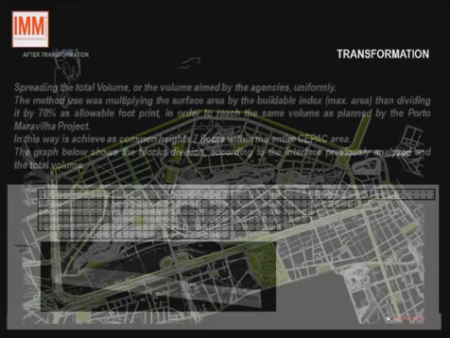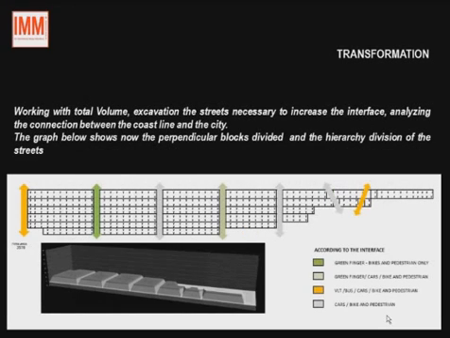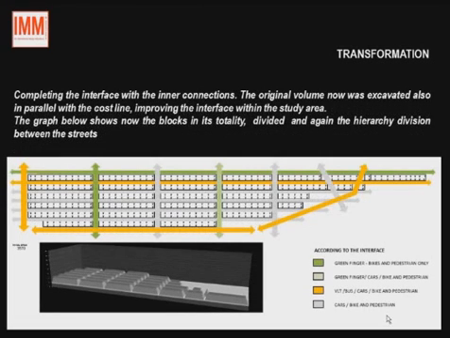Volume optimization. Done with the transformation, we needed to optimize the volume in order to accommodate it inside the new interface. For this, we calculate the maximum area requested by the Porto Maravilha project, achieving a 7 floors tall monolith. After, the monolith will be cut longitudinally towards the coastline and transversally.